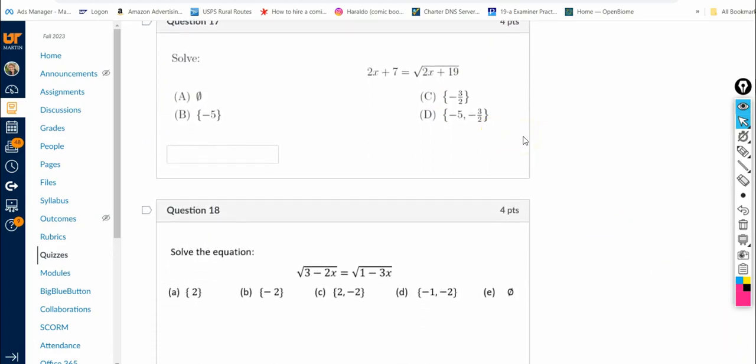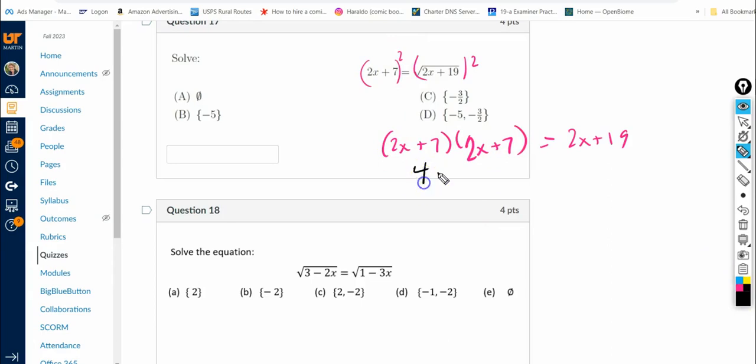All right, I'm going to square both sides of this one. So over here, I'm going to have 2x plus 19. Over here, I have to FOIL that. So I'm going to have 4x squared plus 14x plus 14x again, plus 49.